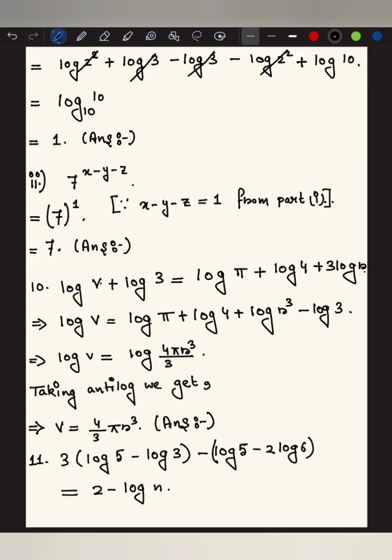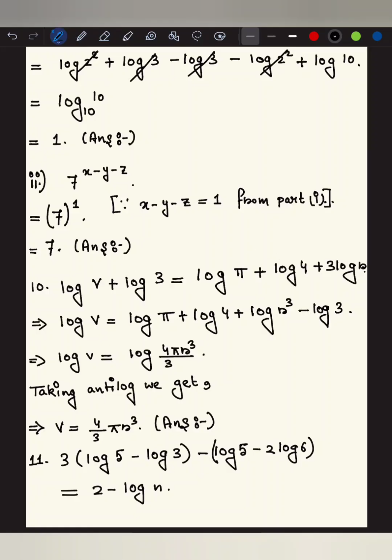we will keep this v on the left and we will shift everything to the right side of the equal to. So log v is equal to log pi plus log 4 plus 3 log r, which means log r cube, and this plus log 3, when it goes to the other side, becomes minus log 3.